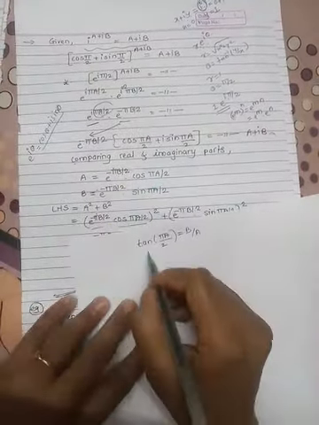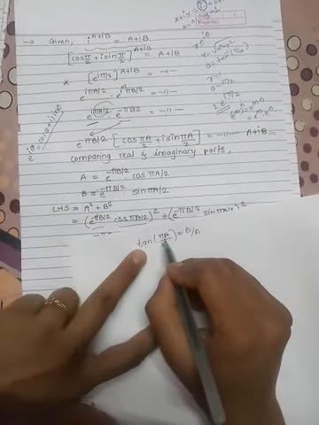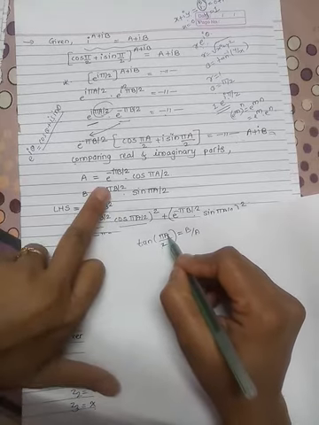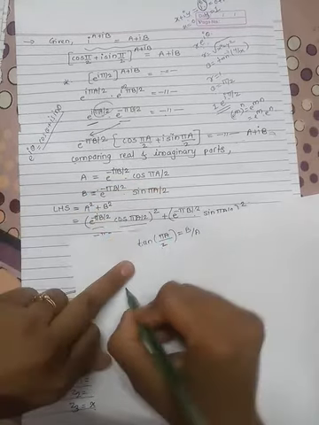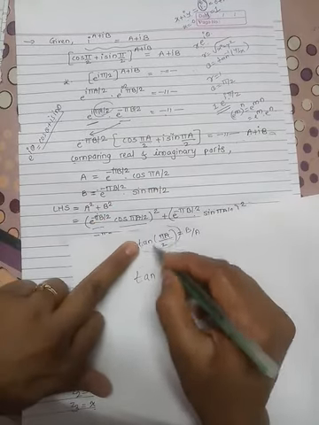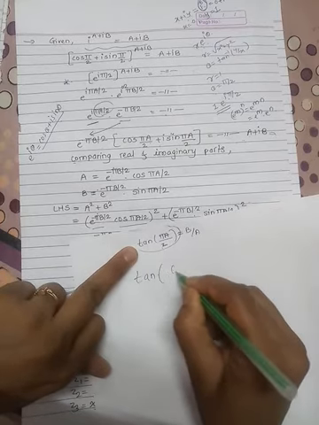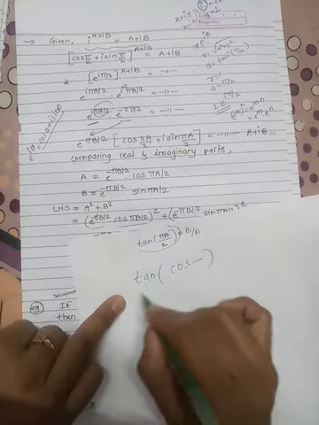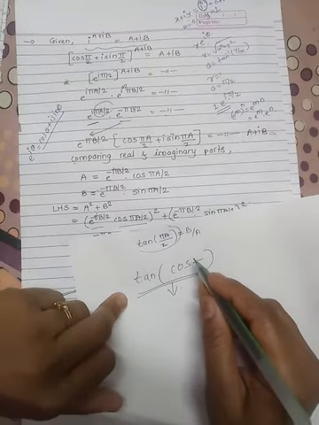If we consider this left side, we have tan of theta as it is. The a value is e raised to minus pi b by 2 times the cos term. After putting the a value on this left side, we have the tan of the cos term. We can't simplify this further.